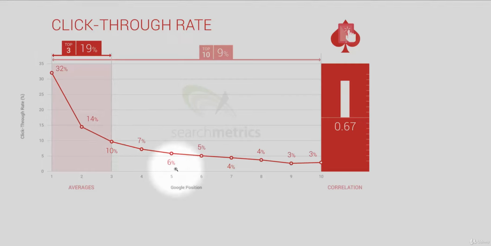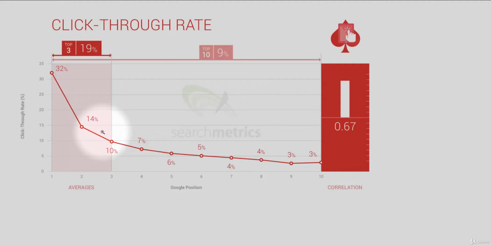Let's assume that your website has moved from 5th position to 3rd position. From an average of 6% CTR, you will move to 10% CTR. If your website or the search result performs above this average of 10%, then your ranking will improve and you will move up to second or the first position.